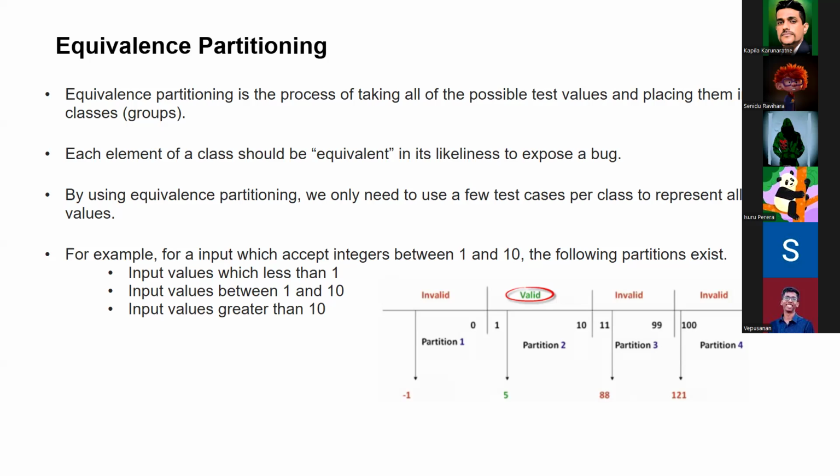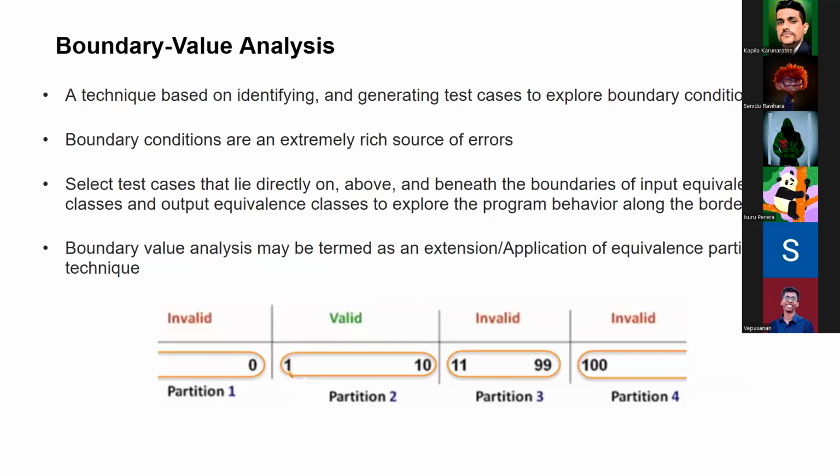Between 12 to 60, you can have another test case, maybe age 30 or 40. And above 60, you can have another test case. By writing 3 test cases, you can cover this entire requirement. That's equivalence partitioning. Rather than writing 121 test cases, you can just have 3.